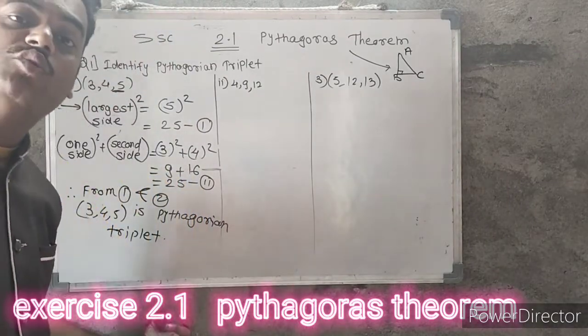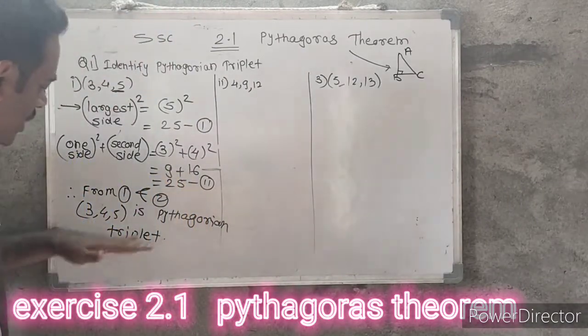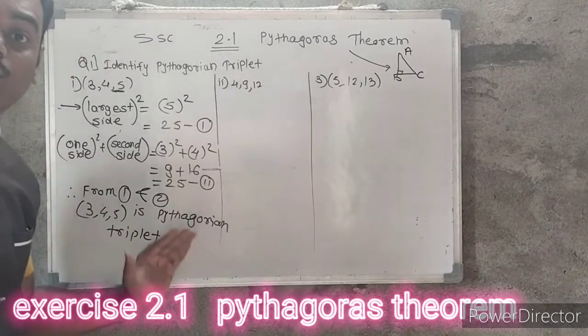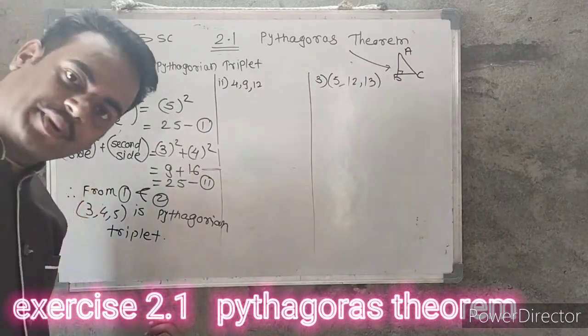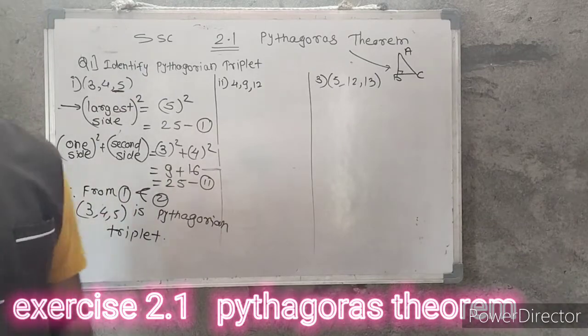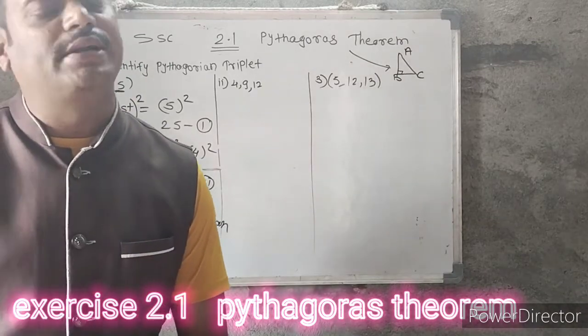That means it is the converse of Pythagoras theorem. You may write according to the converse of Pythagoras theorem, it is a Pythagorean triplet, or simply 3, 4, 5 is a Pythagorean triplet.